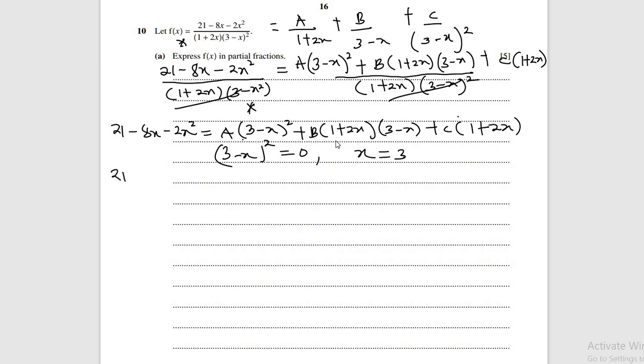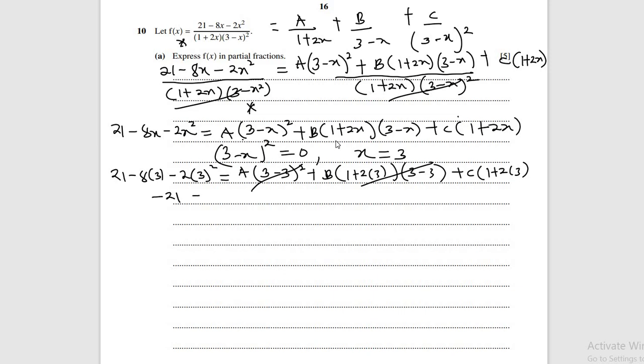So we have 21 minus 8 times 3 minus 2 times 3 squared equal to A times 3 minus 3 all squared plus B times 1 plus 2 times 3 times 3 minus 3 plus C times 1 plus 2 times 3. You see that this one is out, this one is out. So when you evaluate this, it gives us minus 21 equal to 7C. So C is equal to minus 3.